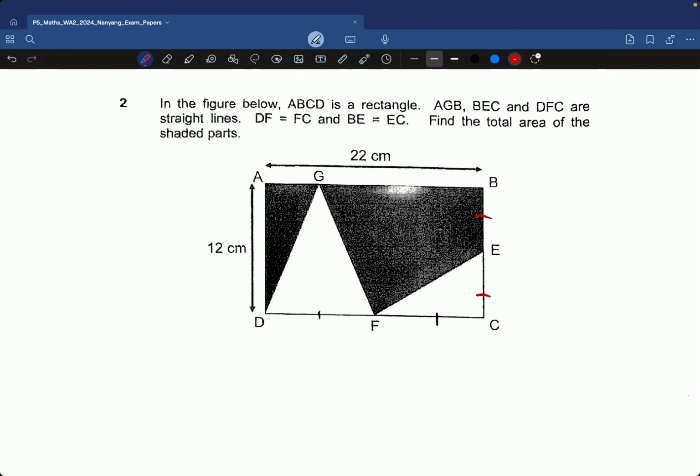Find the total area of the shaded part. The first thing is pretty straightforward.